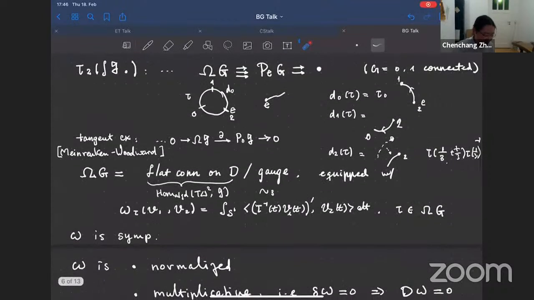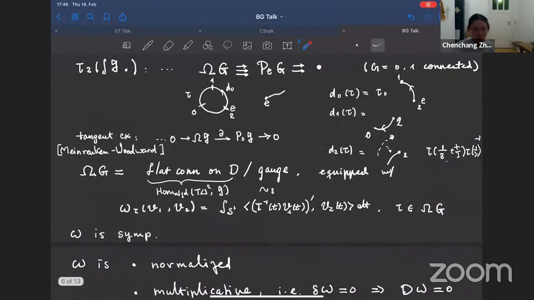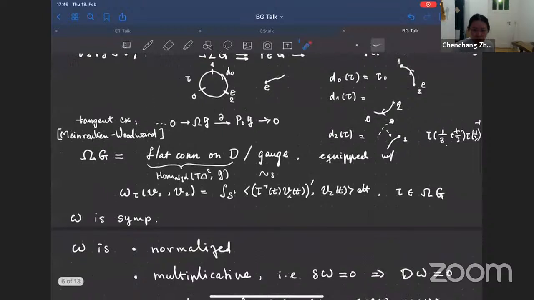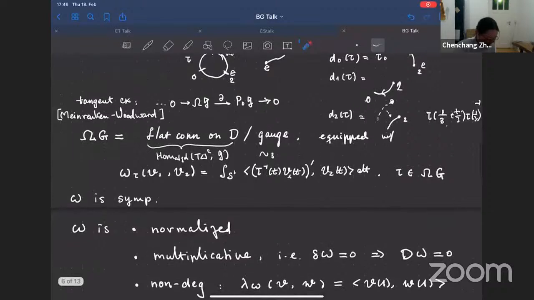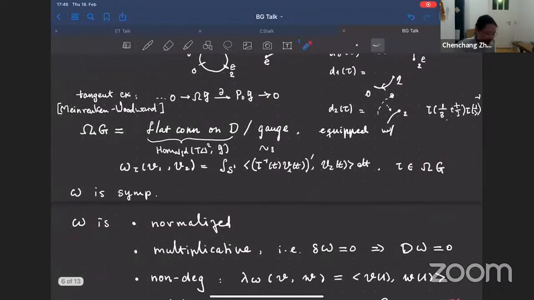So we need to verify several things. Here, first, it's normalized. Well, you can verify it's normalized, then it's multiplicative.